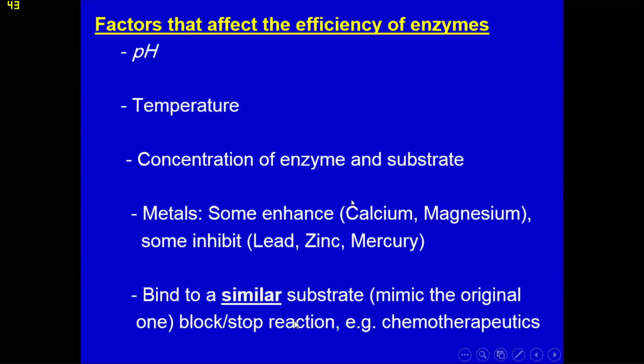So we can block the reaction wanted by the microbe. That means we can put a drug that resembles the substrate, so the enzyme will be cheated and act on this drug instead of the original substrate, so the product will be false. So the microorganism will be killed. This is the basis of some chemotherapeutic agents.